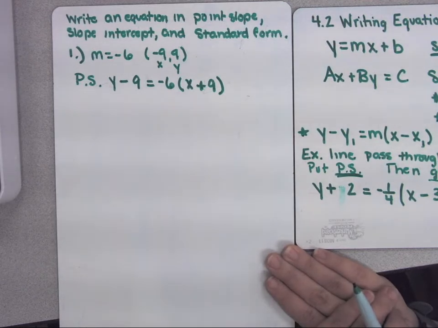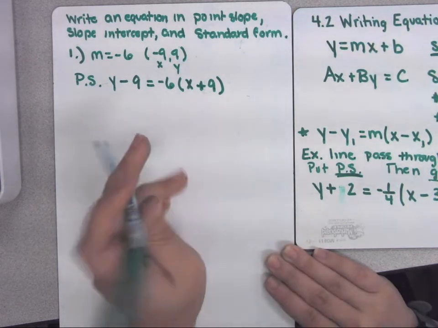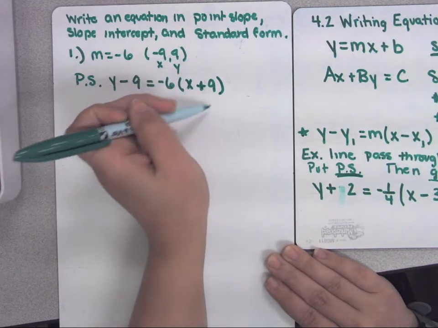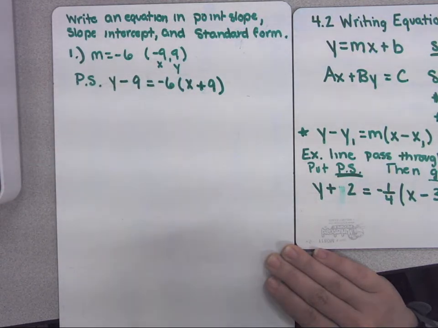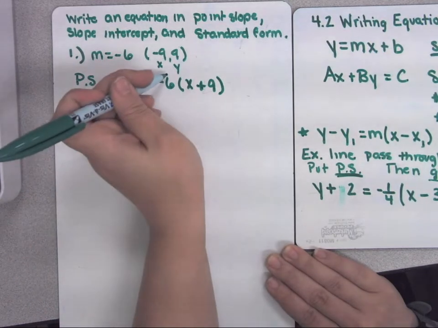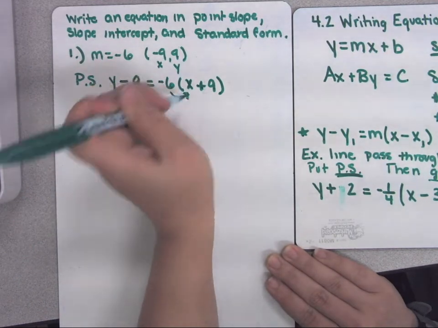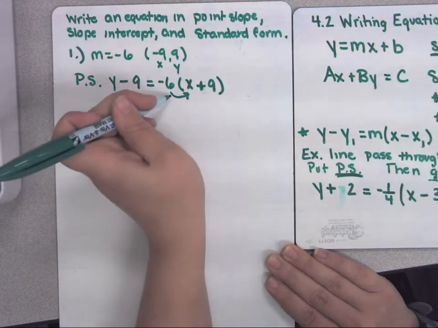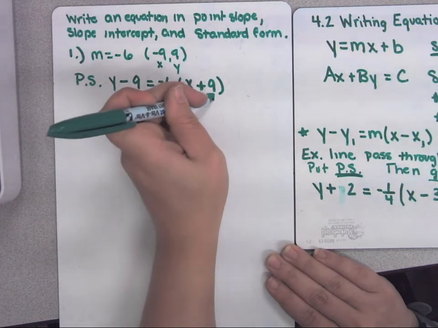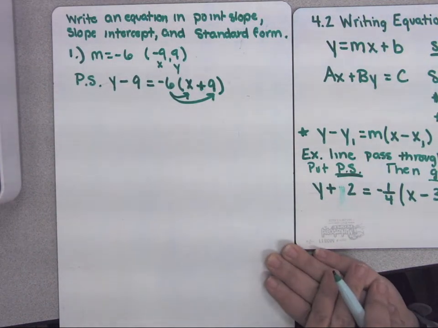What are we going to do first, you think, Josiah? In your order of operations, always deal with the parentheses first. So take the negative 6 and multiply it by x. Take the negative 6 and multiply it by 9. So that is going to be a bigger number.